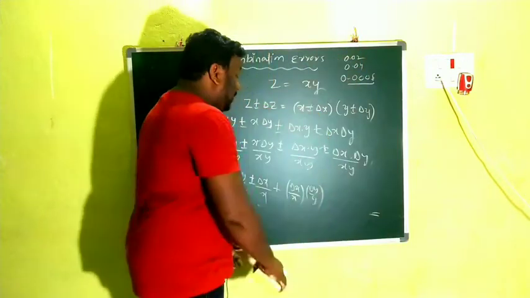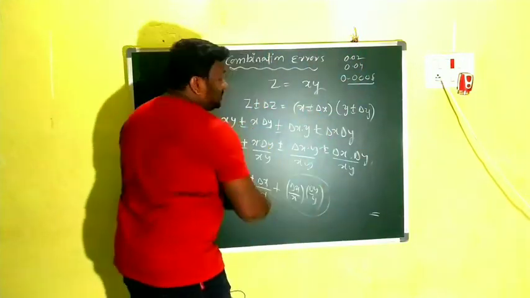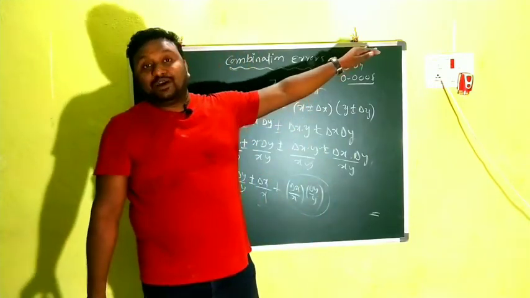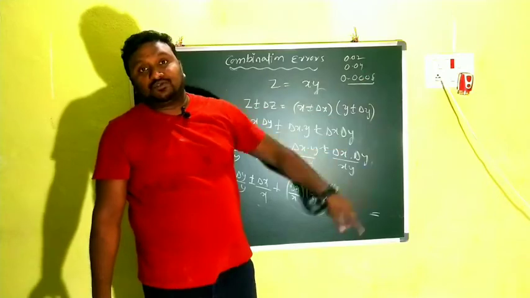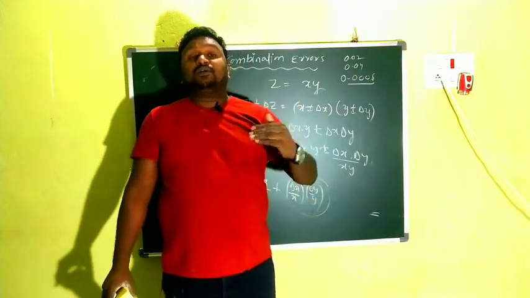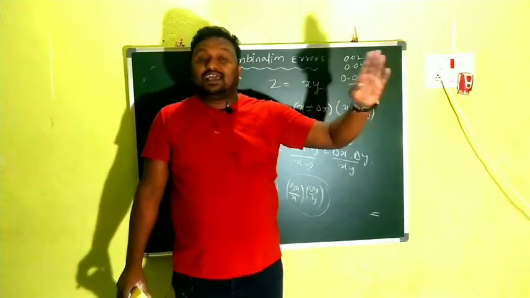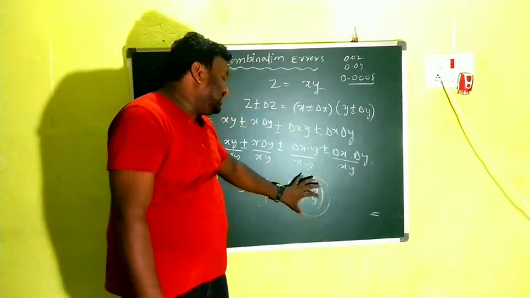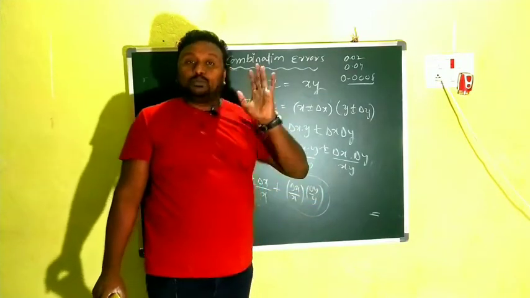That's why we have to neglect this term. Multiplying them gives 4 decimal places, and it is divided by some number, so this last term is very negligible and we can omit it.